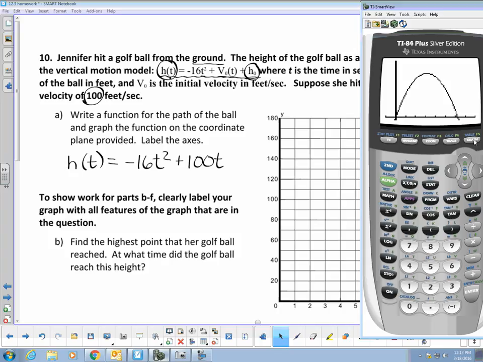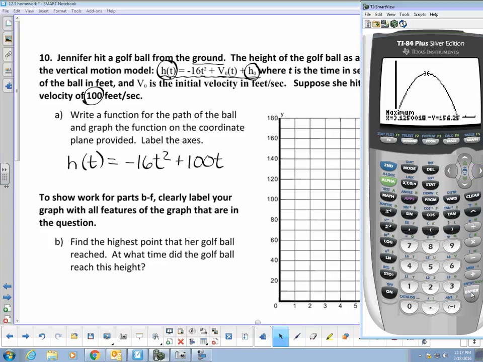So to answer part B, I'm looking for the maximum. I'm going to do second calculate, come down to choice number 4, where it says maximum, and get my left side bound, move to the left side, hit enter, move to the right side, hit enter, and then hit enter a third time.